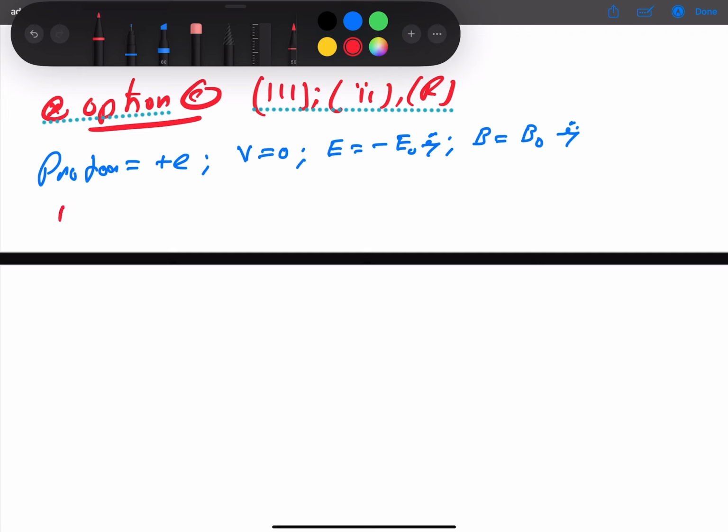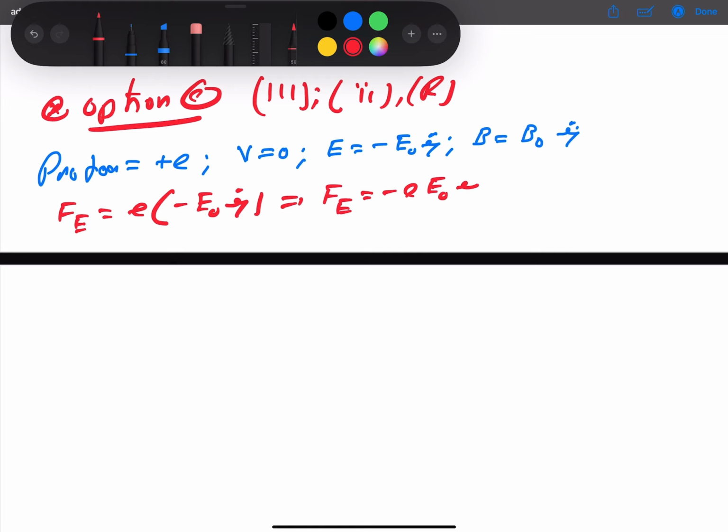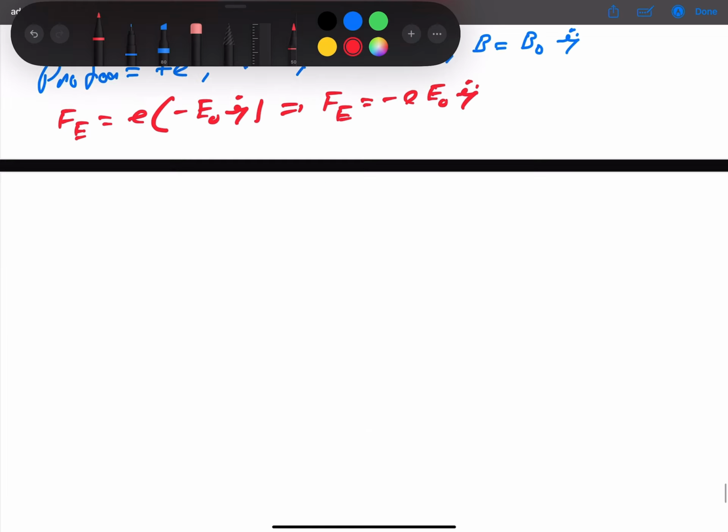So we can write our electric force will be equal to E times minus E naught Y unit, and this gives us the electric force equal to minus E naught Y unit. For magnetic force we are mainly interested in cross product, but velocity is equal to 0, so V cross B is equal to 0.